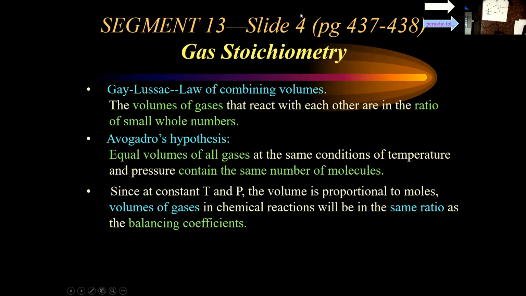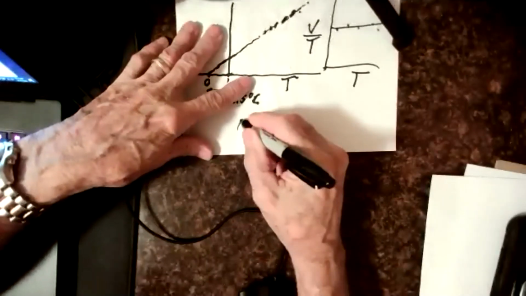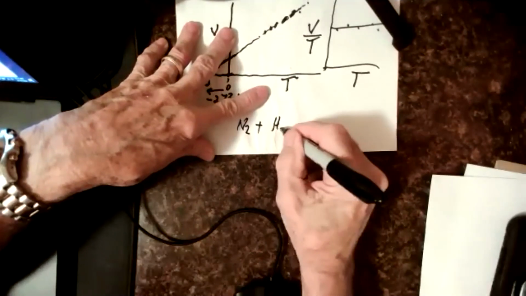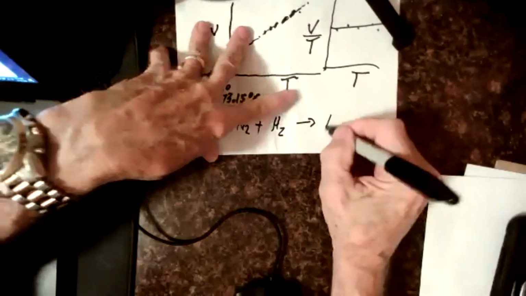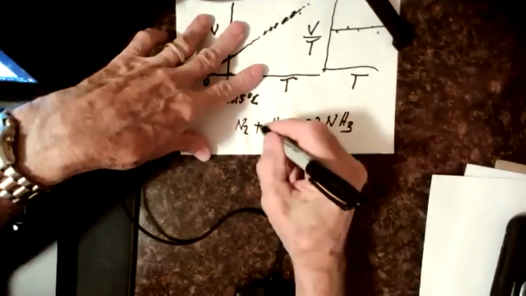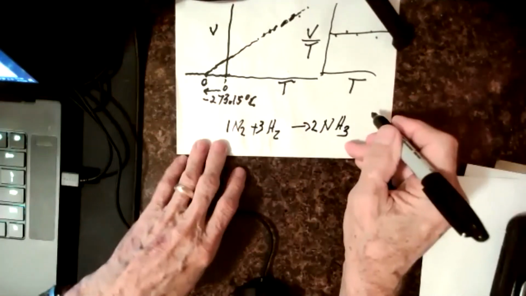Let's jump over here for just a minute. Suppose I have a reaction of nitrogen and hydrogen to make ammonia. Balancing would be a 1, a 3, and a 2, I think. Okay?